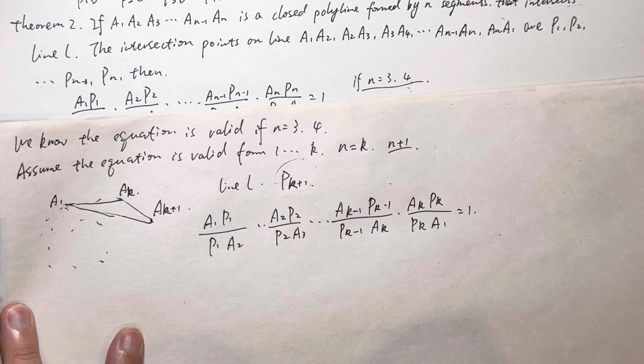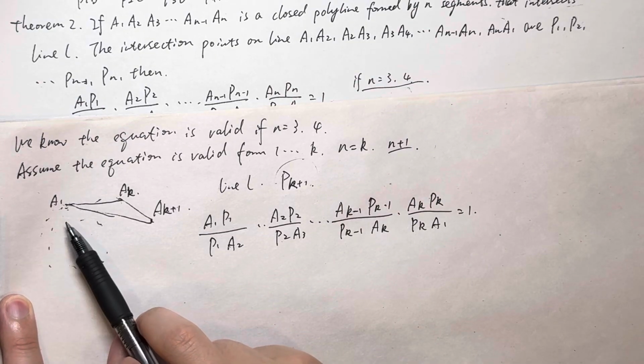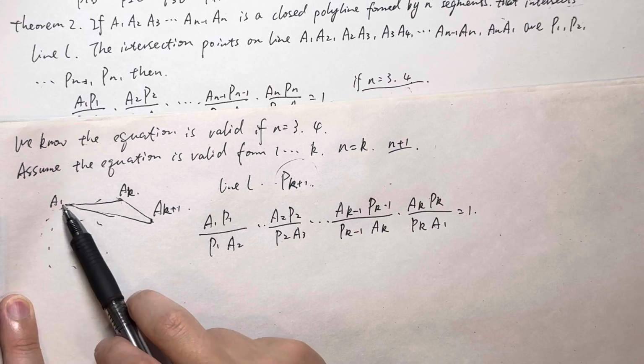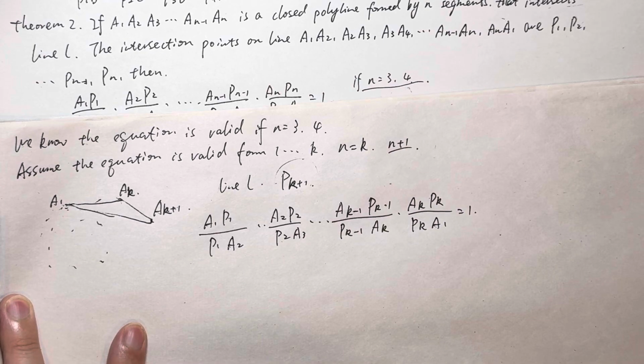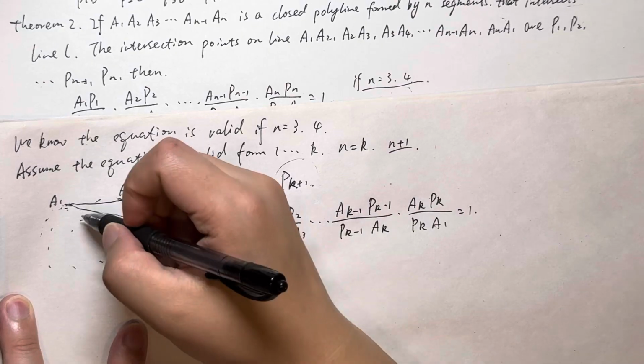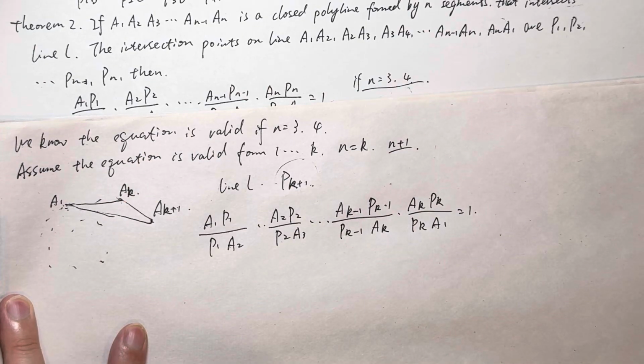So we don't know that the line meets with A1 AK plus 1. Wait. Something wrong.